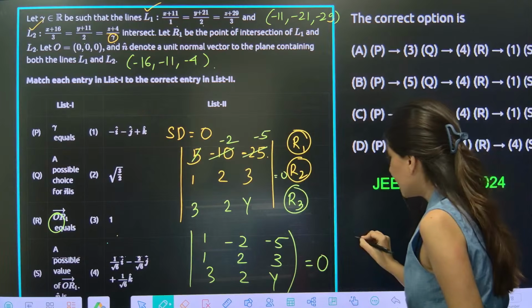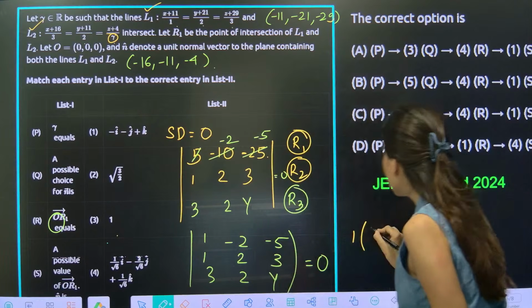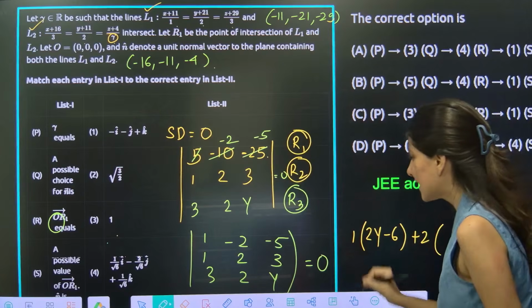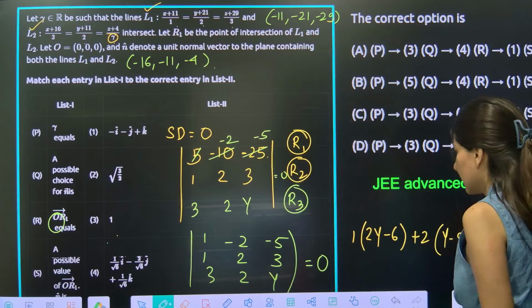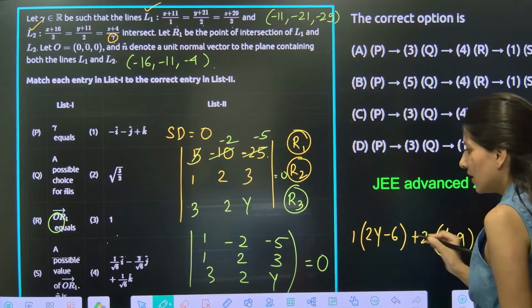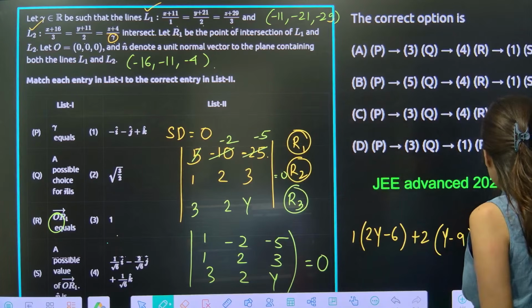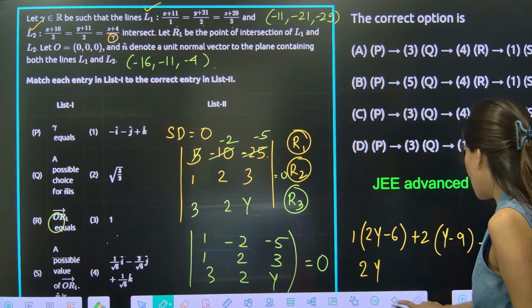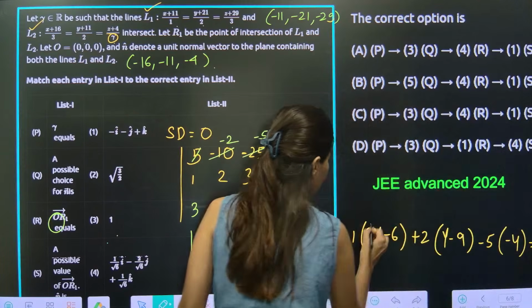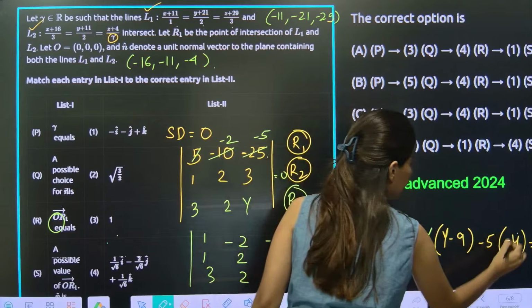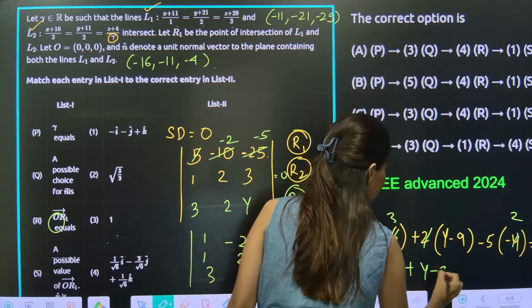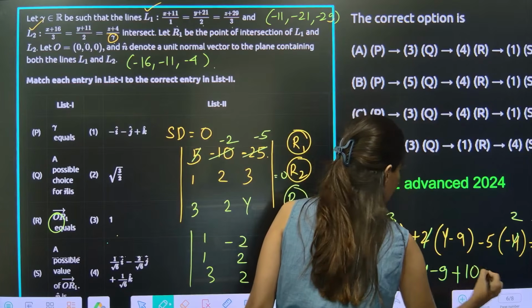Now let's open it. 2 gamma minus 6 plus 2 gamma minus 9. Minus 5, this is 2 minus 6, minus 4, equals 0. So you can divide by 2. So this is 3, this is 2. So now gamma minus 3 plus gamma minus 9 plus 5 twos are 10 is equal to 0.